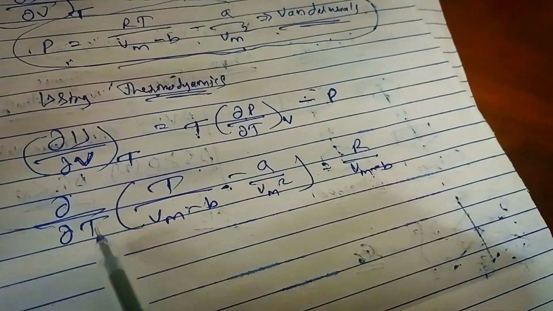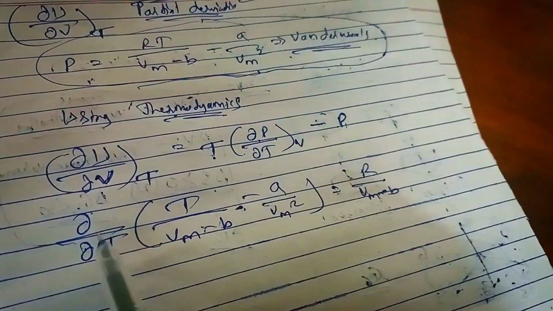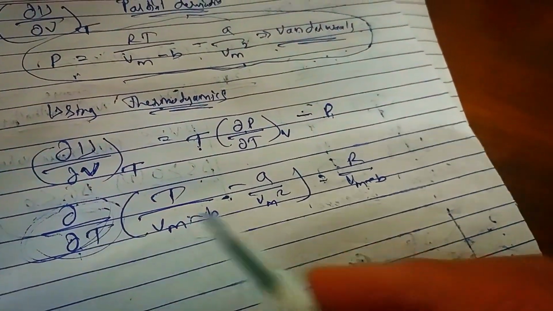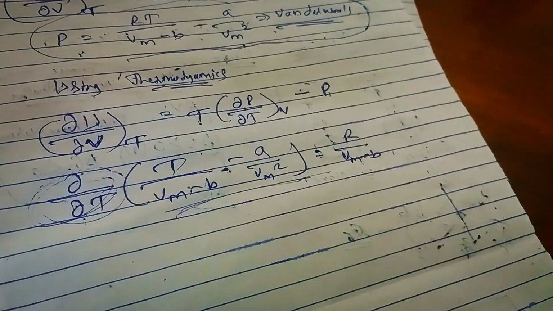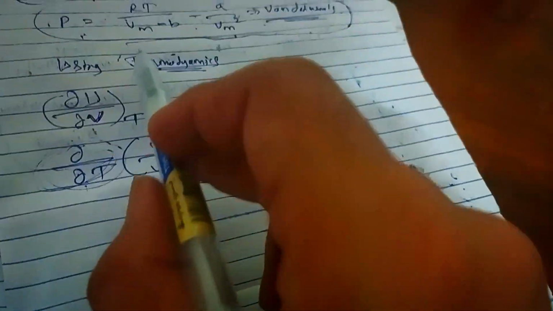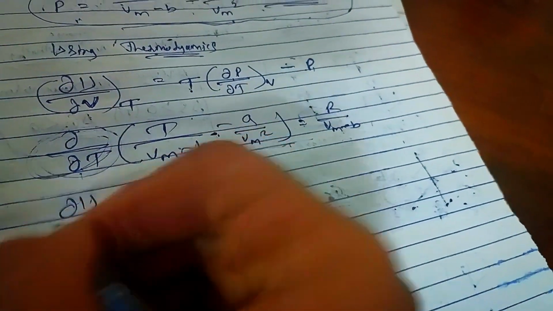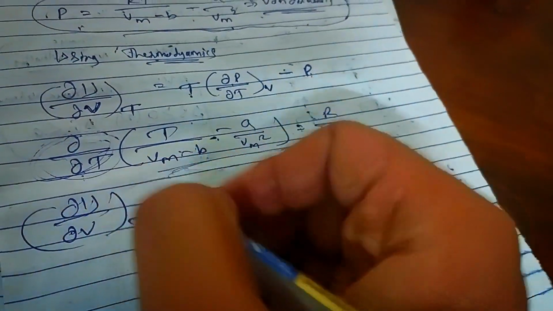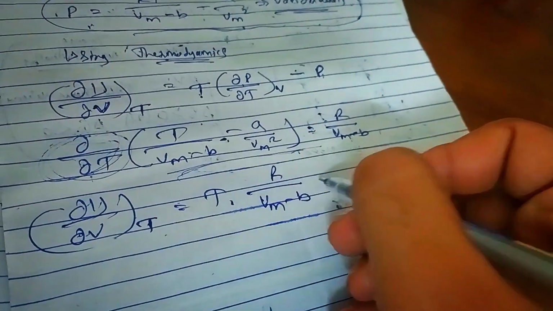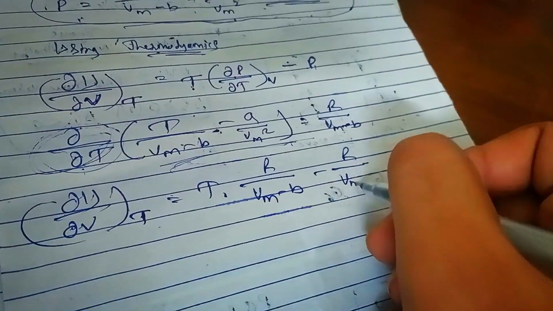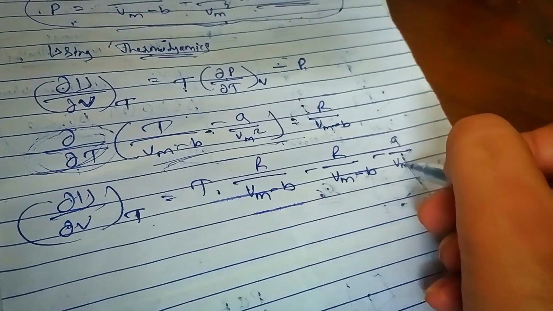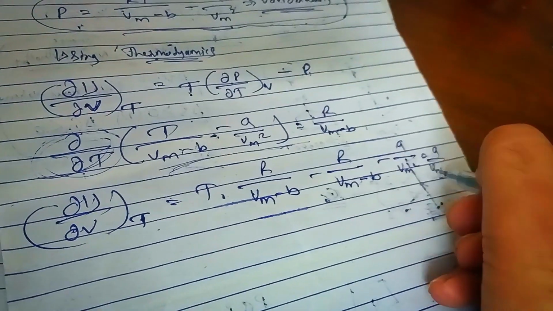So here, keeping volume constant, we have to differentiate with T, keeping the constants aside, and then by substituting the value here we will get dou U by dou V into T, that is equal to T into R divided by Vm minus b, minus R divided by Vm minus b, plus a divided by Vm square.